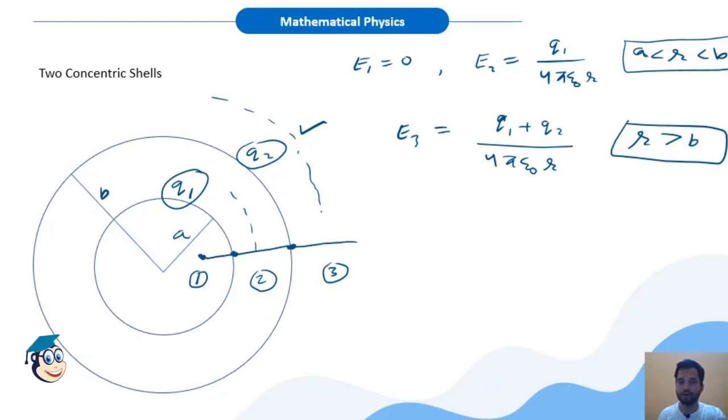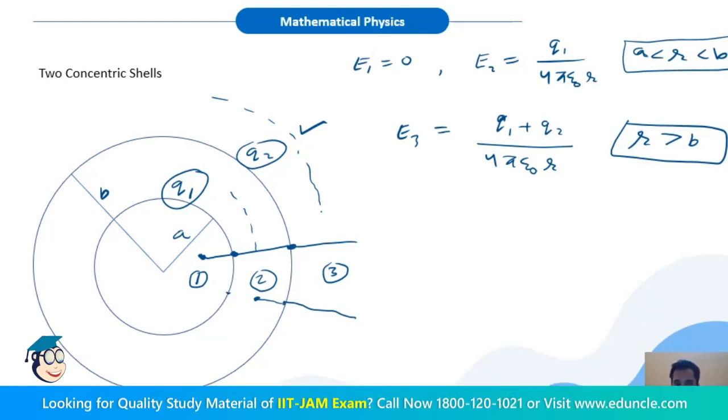Okay, you have to put all the values of E3, E2 and E1 respectively. For region 2, calculating the potential, you have to integrate in two parts, from infinity to b and b to some r, where r is in between a and b. And similarly you can calculate the potential outside, but I am not calculating that potential.